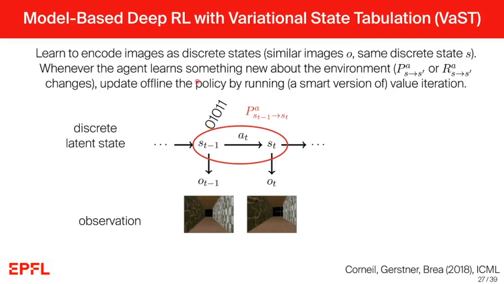Whenever the agent learns something new about the environment, for example, that taking the action forward at the beginning of this hallway will lead to being somewhere in the middle of the hallway, then this transition probability changes, or also the reward can change because the agent may encounter dangerous zones or rewards in this environment. And then we can just update offline in the background the policy by running a smart version of value iteration, which is called prioritized sweeping.